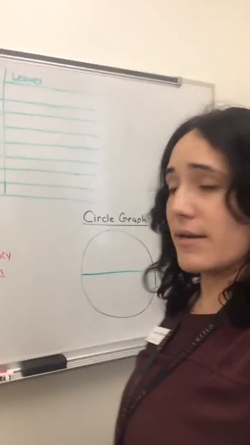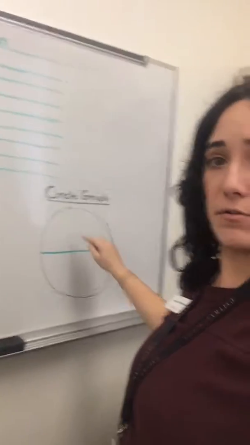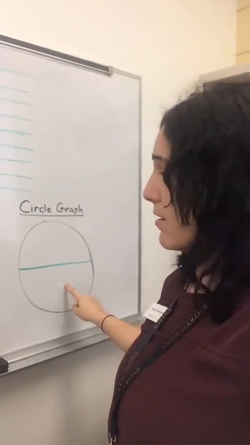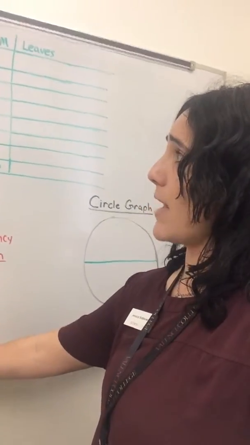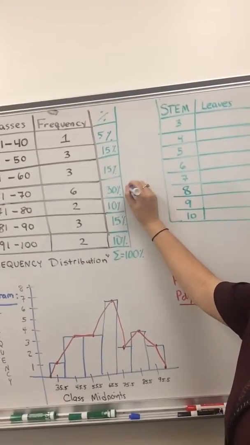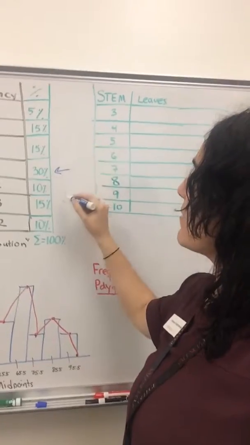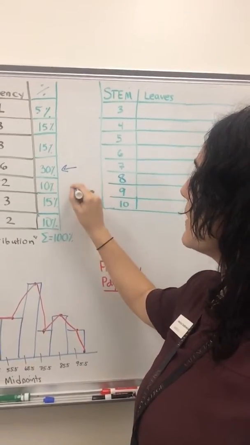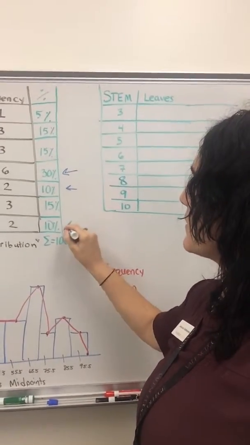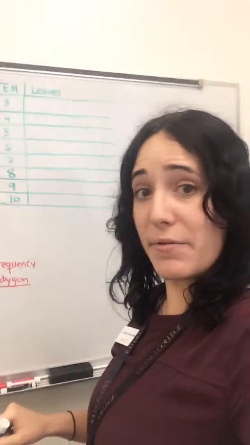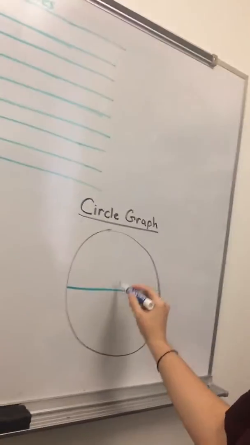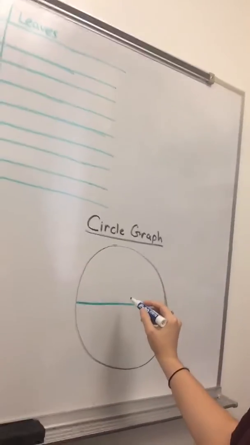An easy way to do that is to divide the circle in half, so there's 50% here and 50% there. And now we notice that we have a class here of 30%. That was our modal class, right? And we have another class of 10% and 10% here. So together, that's 50%. So if I look at my graph here, I could cut this half in half, and have 25%.